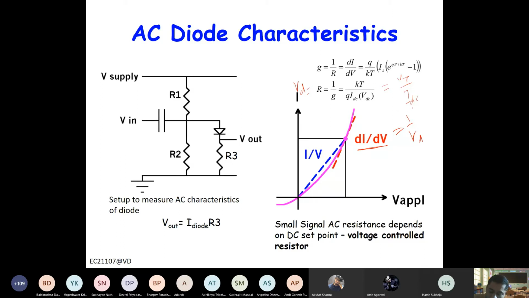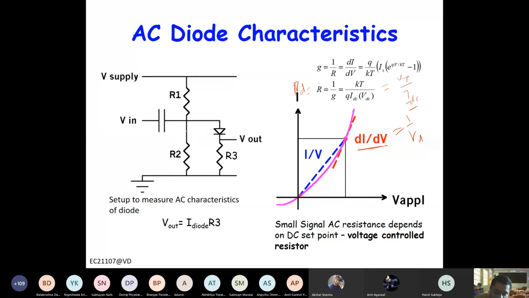Now this is a function of the DC current, right? So as you are increasing the current, the dynamic resistance is reducing, right? So here it is maximum, here it is less. If you go further, it will be even less. So this all of us probably know. And then if you see a simple circuit, you can measure the voltage here.